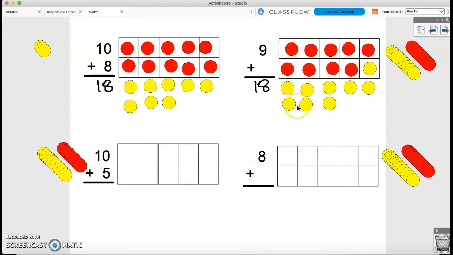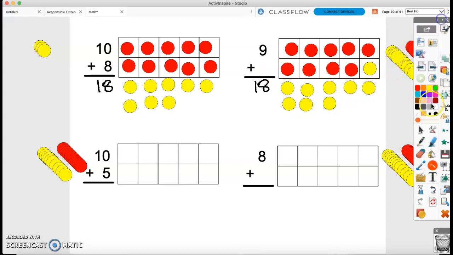So let's see how many yellows would go right here. 1, 2, 3, 4, 5, 6, 7, 8, 9. I have 9 yellows.